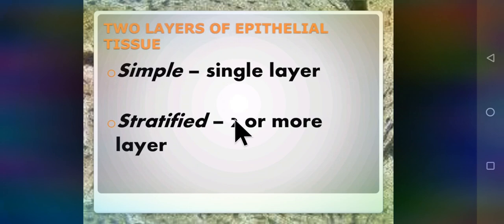Now, on the basis of the number of cell layers, epithelial tissue can be of two types. That is, first is simple epithelium and second is stratified epithelium. So simple epithelium means it is of a single layer, and stratified epithelium means it is of two or more than two layers.